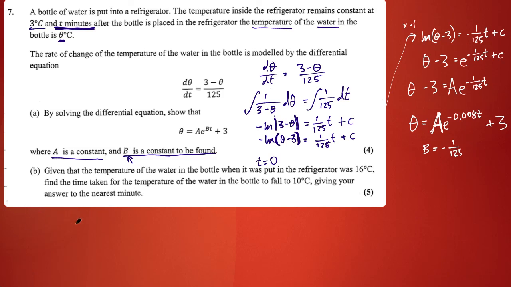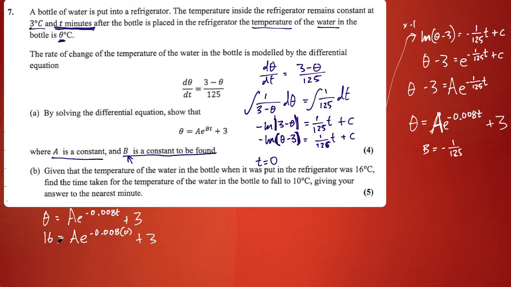So, first thing to do here is to use what we've already got as our formula. Theta equals a e to the minus 0.008t plus 3. Set that equal to 16 because this is our first value. When t equals 0, theta is 16, that equals a times e to the minus 0.008 times by 0 plus 3.